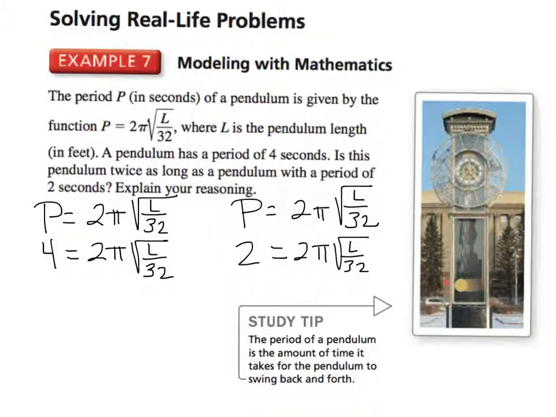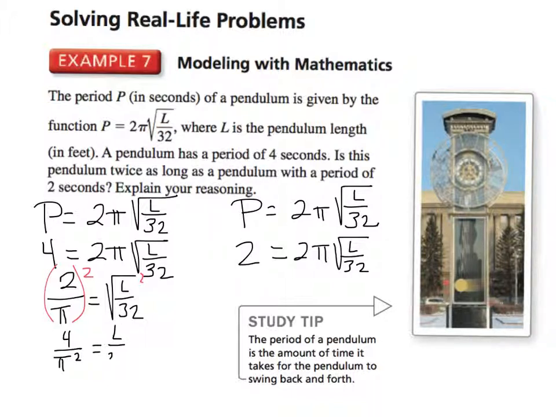And now we solve them. So I would first divide both sides by 2 pi. That gives me 2 divided by pi equals root L divided by 32. I square both sides. That gives me 4 divided by pi squared equals L divided by 32.